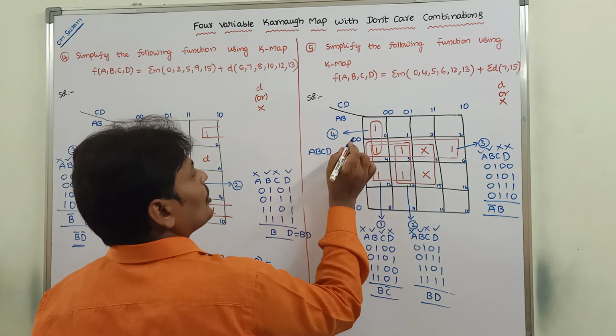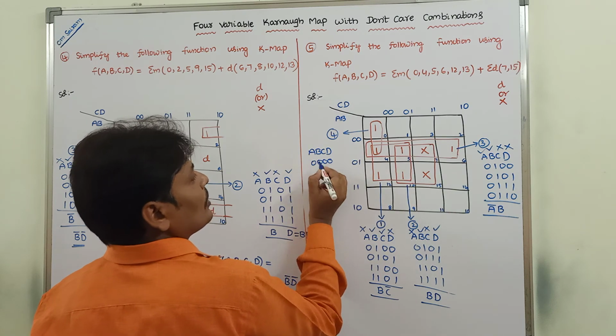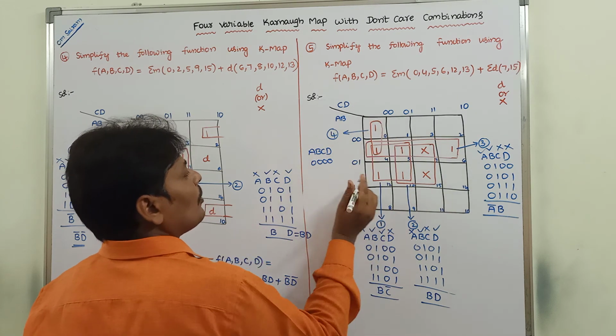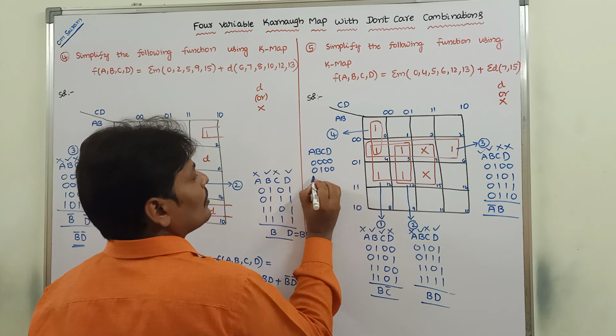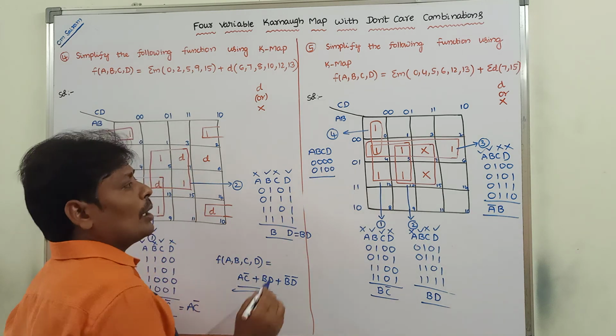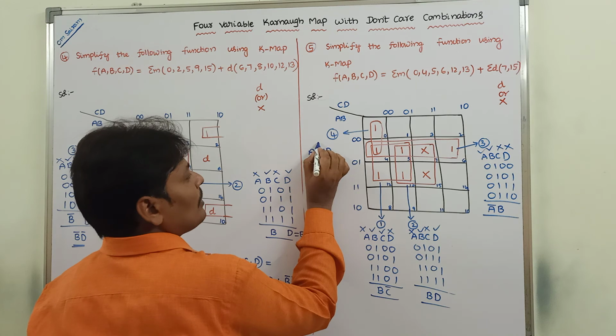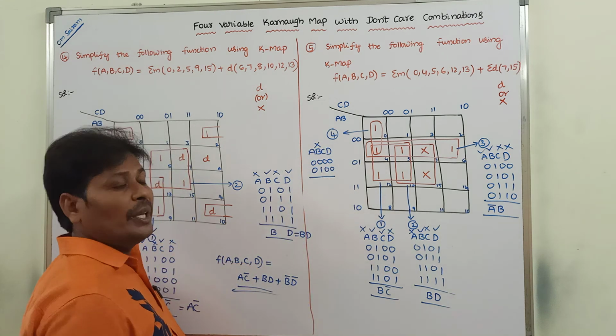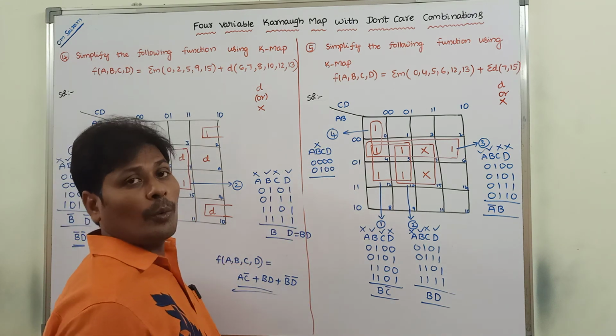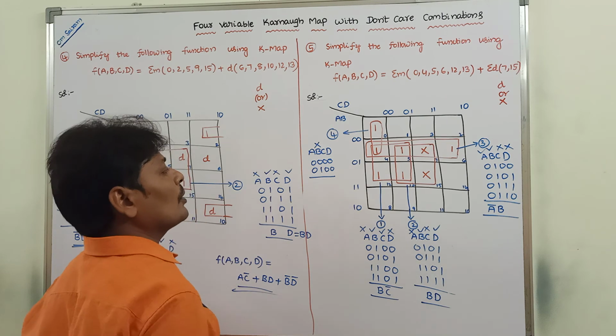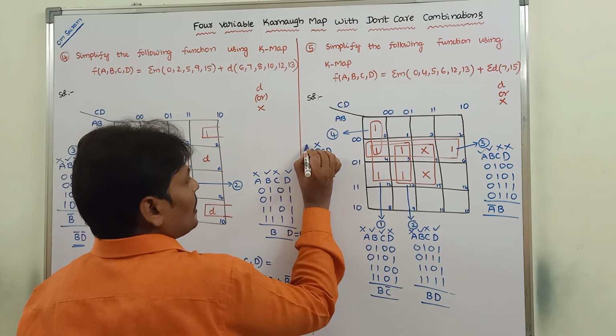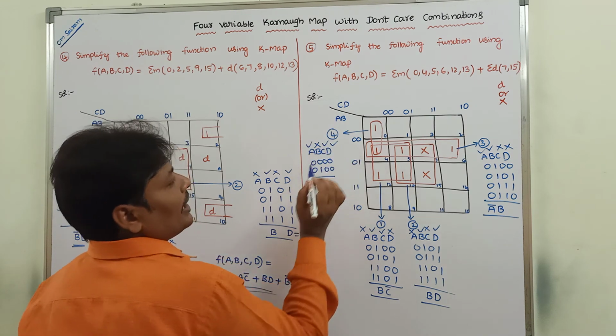For this one, row wise 0, 0, column wise 0, 0. For this one, row wise 0, 1, column wise 0, 0. Any column contains a combination of zeros and ones, we have to ignore that column. B column contains a combination of zeros and ones, we have to ignore that column. We have to consider A column, C column, D column.